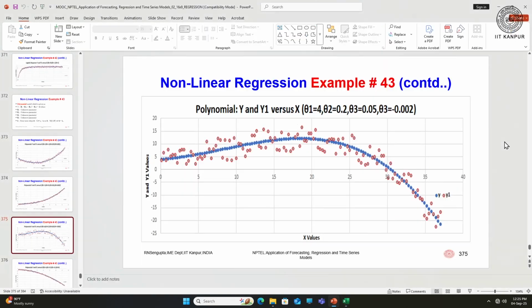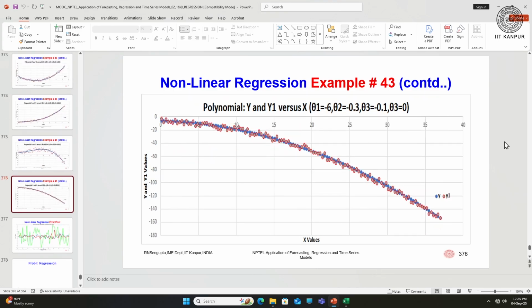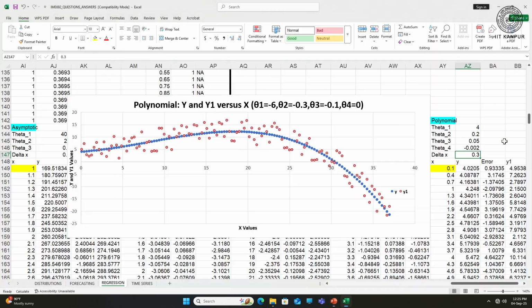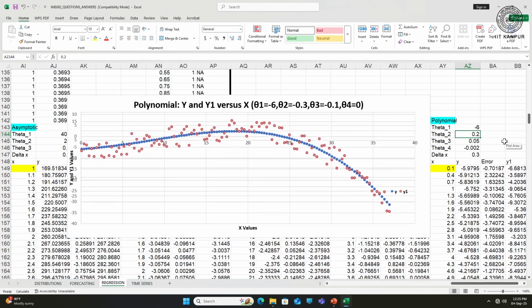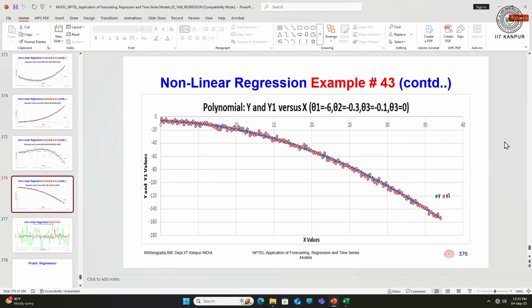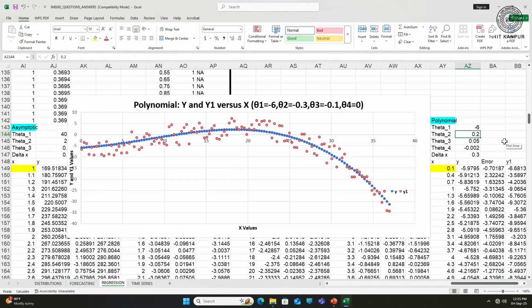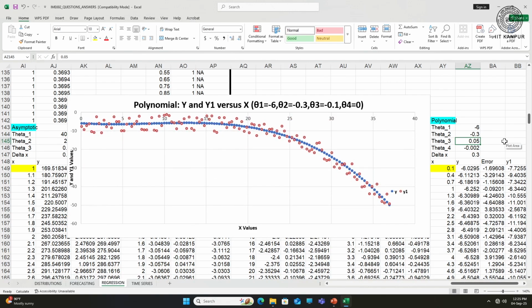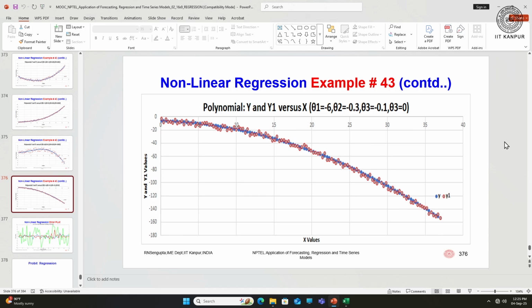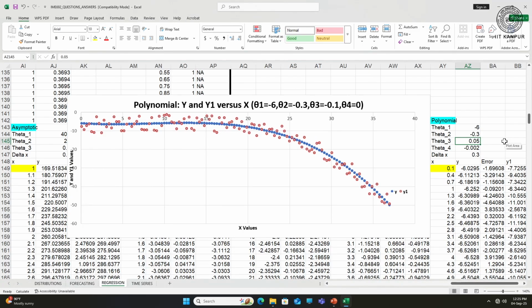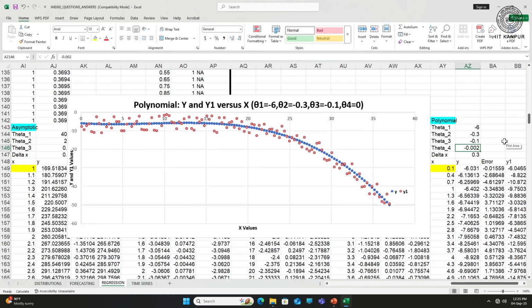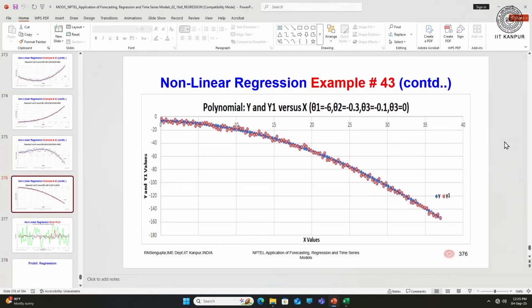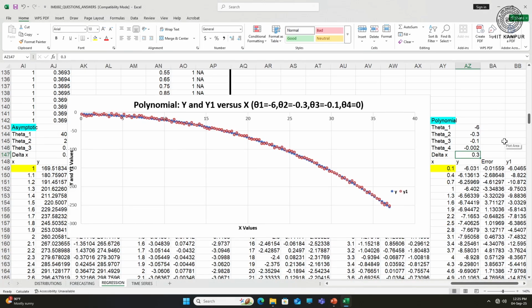And in the last one, this is the right portion when it is going down: theta 1 is minus 6, theta 2 is minus 0.3, theta 3 is minus 0.1, and theta 4 is 0.